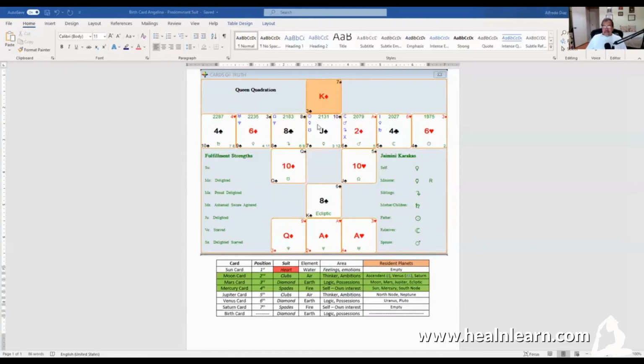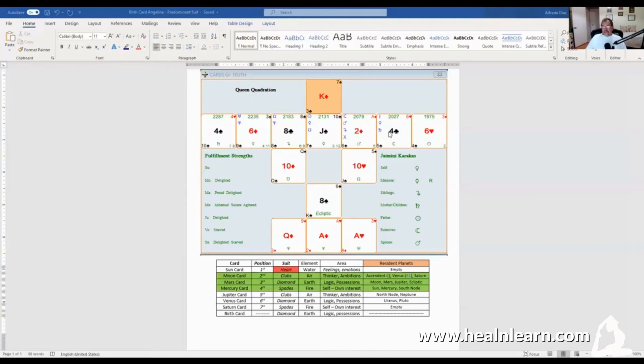You can see here there are no other hearts. The other cards that have the element of the hearts' planets are, for instance, these clubs, diamond, spades, clubs, and diamond. And by the way, she's a diamond in the birth card.